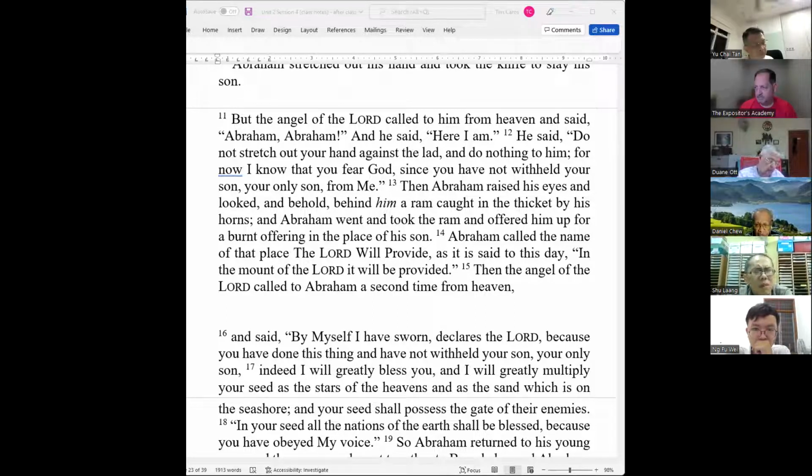Then Abraham raised his eyes and looked, and behold, behind him a ram caught in the thicket by his horns. And Abraham went and took the ram and offered him up for a burnt offering in the place of his son. Abraham called the name of that place, The Lord Will Provide, as it is said to this day, In the mount of the Lord it will be provided.